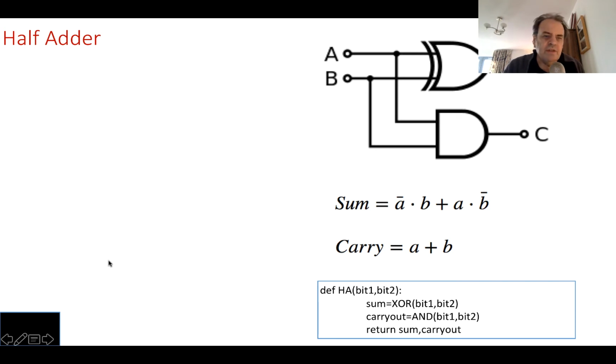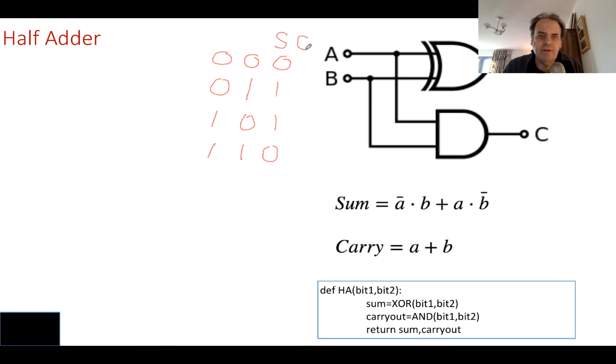Okay, so let's construct an adder circuit. With an adder circuit, we often start off with what's called a half adder. So a half adder is basically just our bits like this. That gives us our sum.